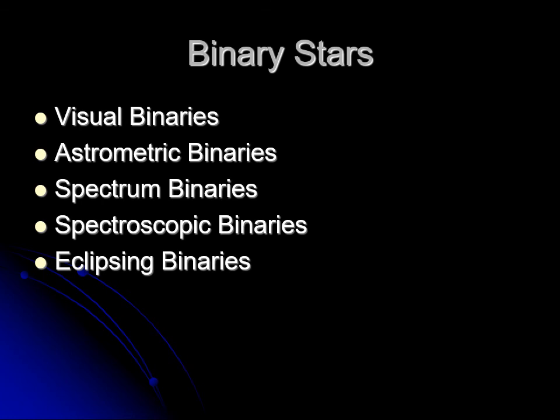With spectrum binaries, you have two different spectral types in one spectral image. With spectroscopic binaries, you see the spectral lines going back and forth. And with eclipsing binaries, one of them gets in front of the other and the whole thing dims down. These are the different types of binary stars.